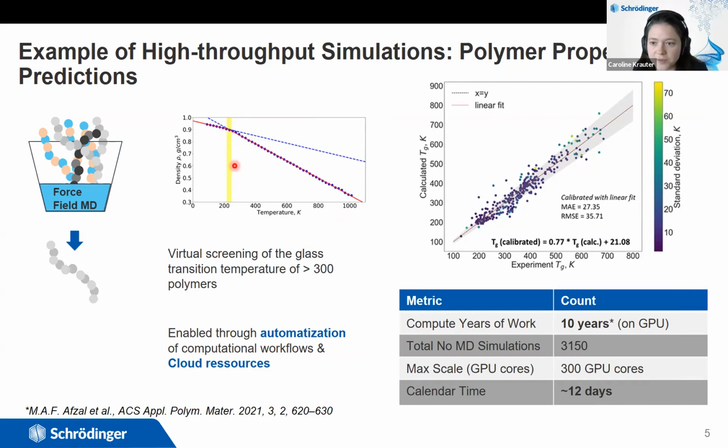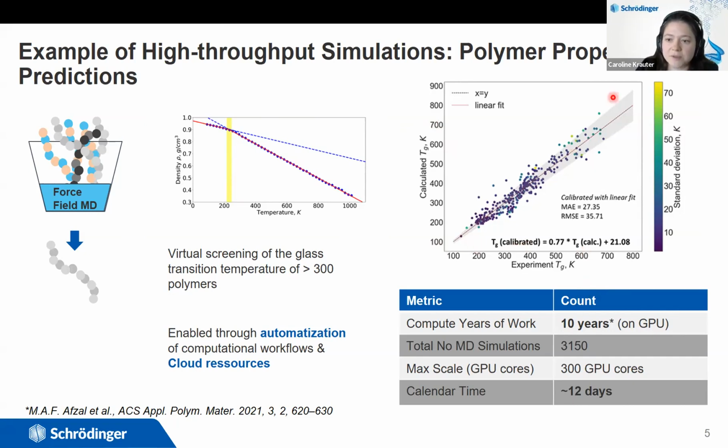For this study, we used our molecular dynamics engine, Desmond, which is running on GPUs, and our force field, the version that was up to date back then, that was OPLS-3E. We are constantly expanding our atomistic force field to include wider and wider molecule and materials ranges. So here a plot of the results that we get for calculated versus experimental glass transition temperatures.